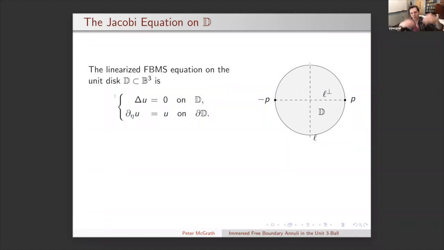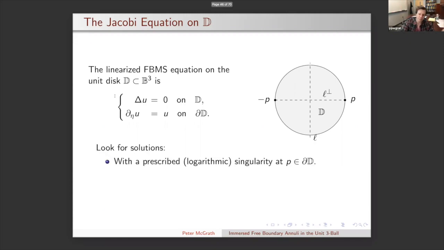Such functions are related to infinitesimal directions in which you could perturb, in the linearized way, the disk as a free boundary minimal surface. So if we're interested in constructing free boundary minimal surfaces that are in an appropriate sense close to the disk, we would like to understand this problem.